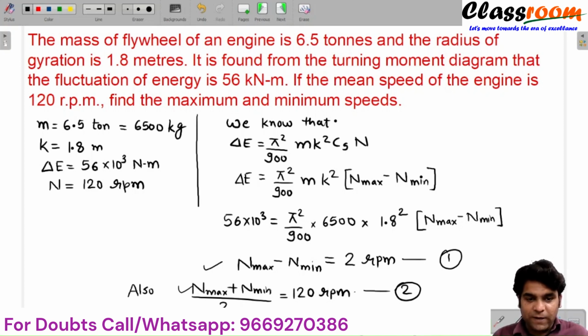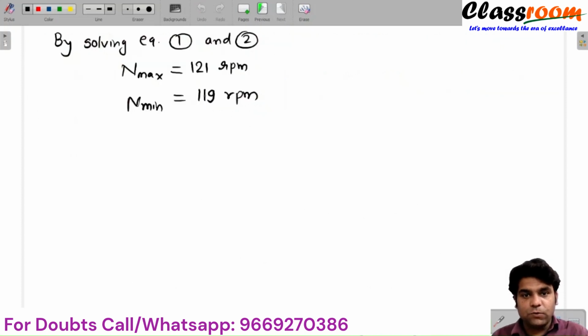If you add these two equations, the total is 240 plus 2, that is 242, so 2 Nmax equals 242. So Nmax equals 242 divided by 2, which is 121.